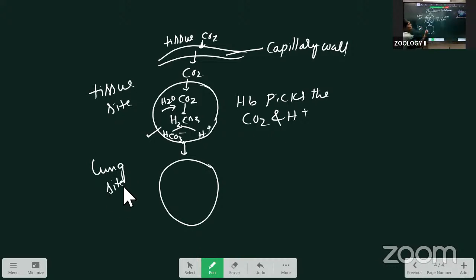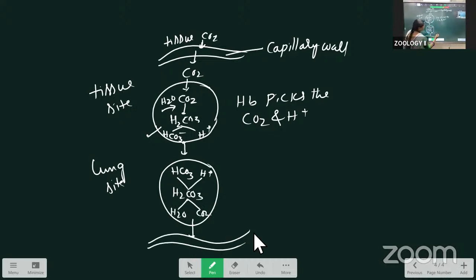Here, inside of the lungs, they have HCO3 minus, in the reverse reaction, and H plus ions. They form H2CO3 in reverse. This H2CO3 dissociates into H2O plus CO2. This CO2 is eliminated out through the alveolar wall.